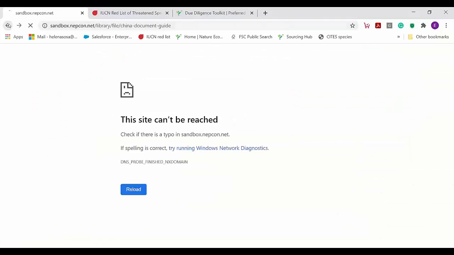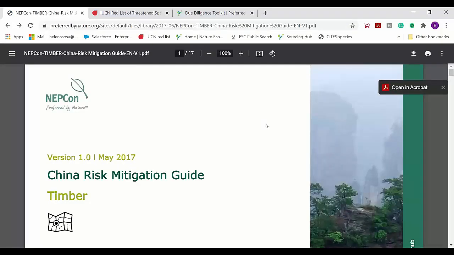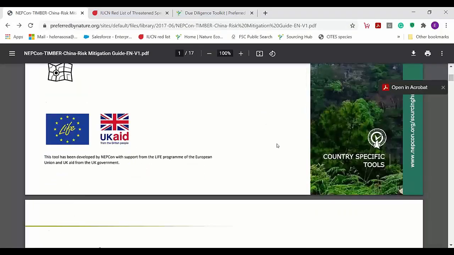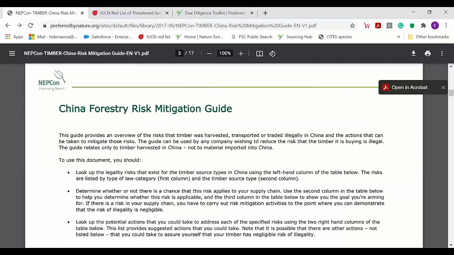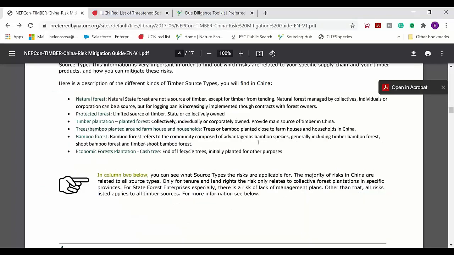Sorry, this cannot be opened here, but if you don't know what a harvest permit looks like in China, the advantage is also that we have a document to show you how these documents look. So let's see if I can access it from this other link.